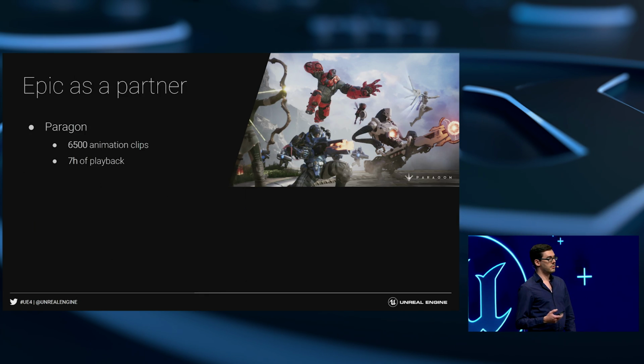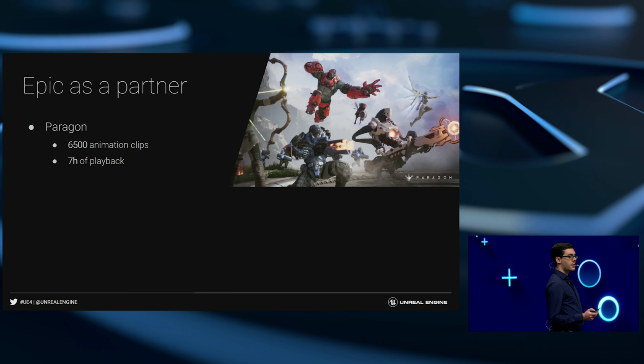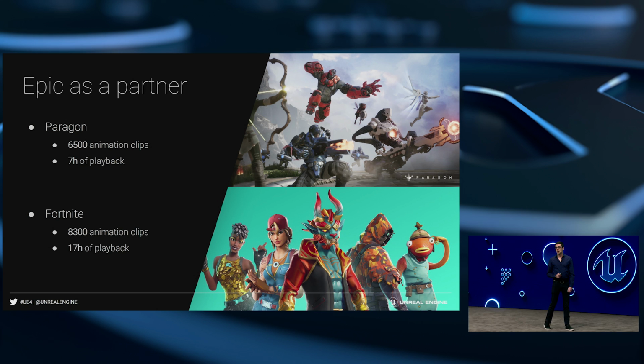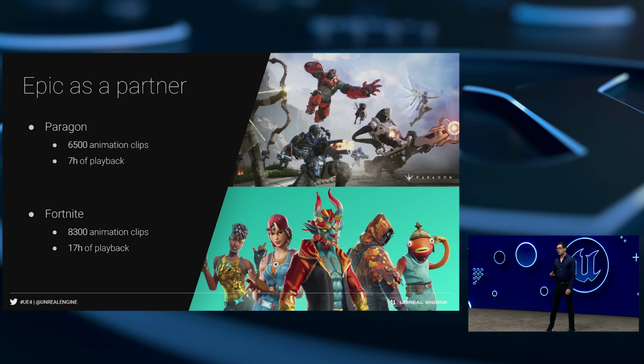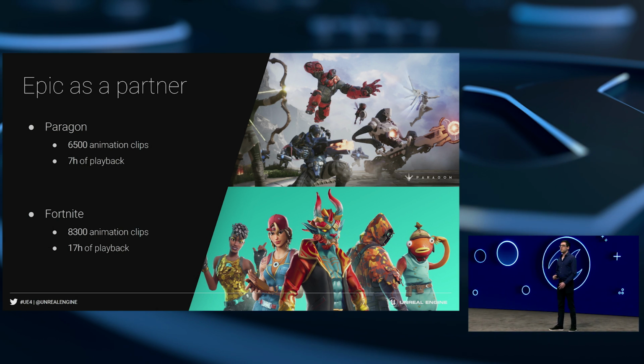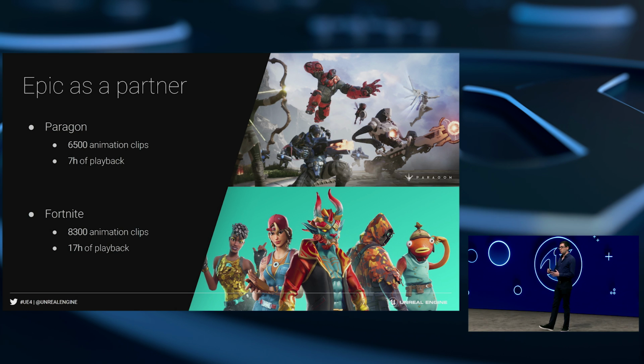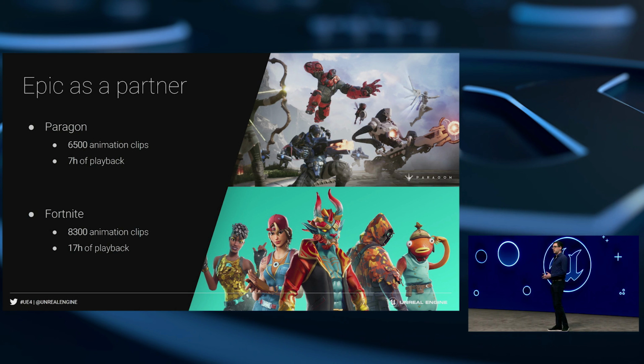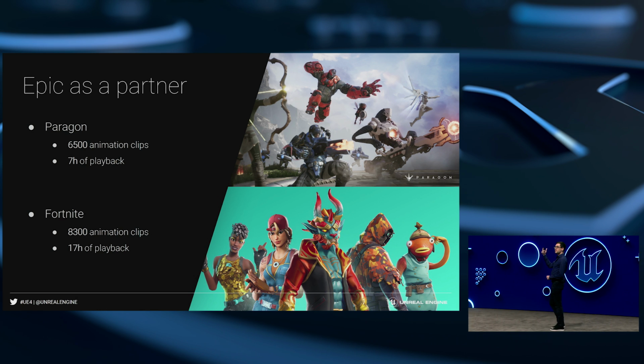Under NDA, they allowed me access to all the Paragon animations, as well as all the Fortnite animations. Well over 24 hours of total playback. And so all this amazing real-world animation data really allowed me to take my work to the next level.